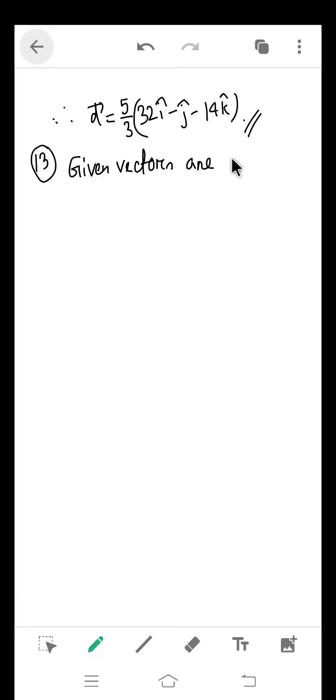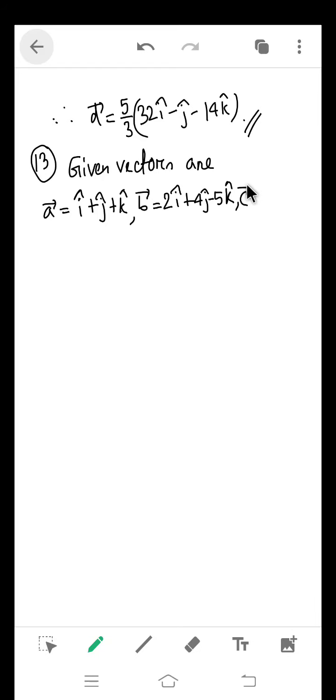तो लेट्स टेक द वेक्टर्स एज ए. द फर्स्ट वेक्टर को हम ए मान लेते हैं. A equals i plus j plus k, then b equals 2i plus 4j minus 5k, and c equals lambda i plus 2j plus 3k.